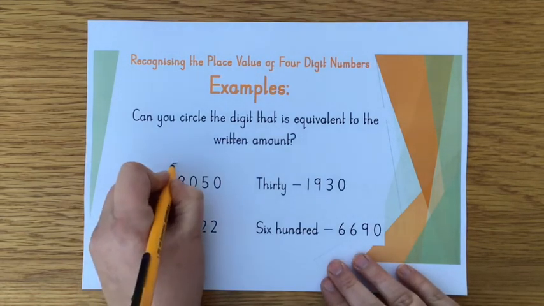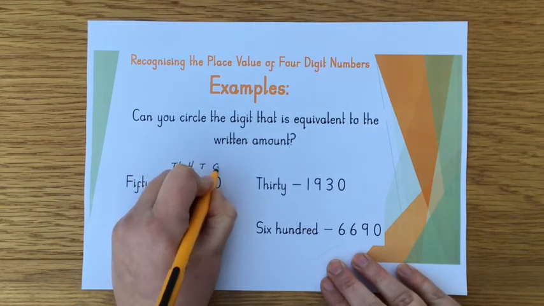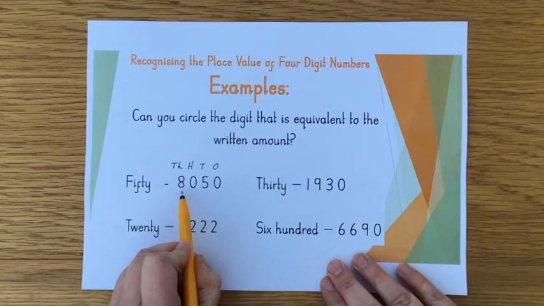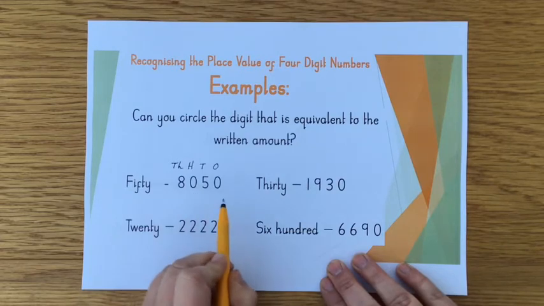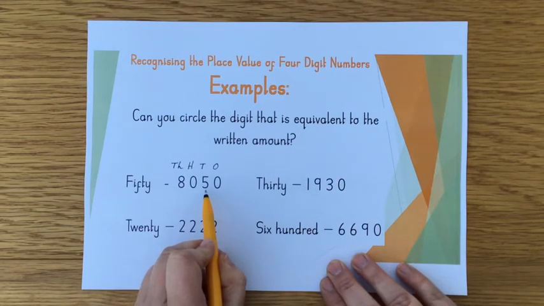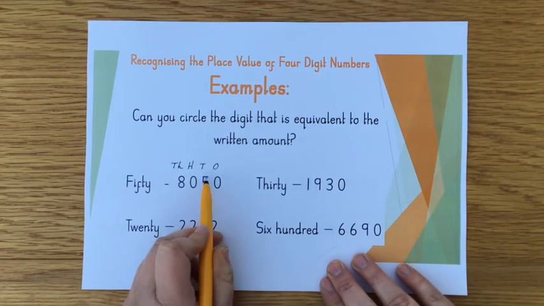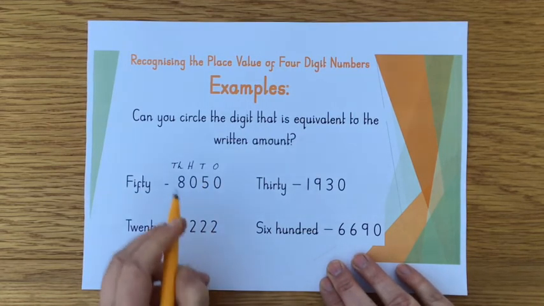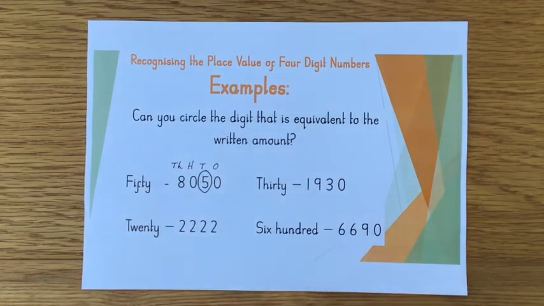Well, if I label up my columns to help me, I've got 8 thousands, so that's not going to be worth 50. 0 hundreds, 5 tens and 0 ones. Now I know that 5 tens are 50, so the 5 in this number is going to be worth 50.